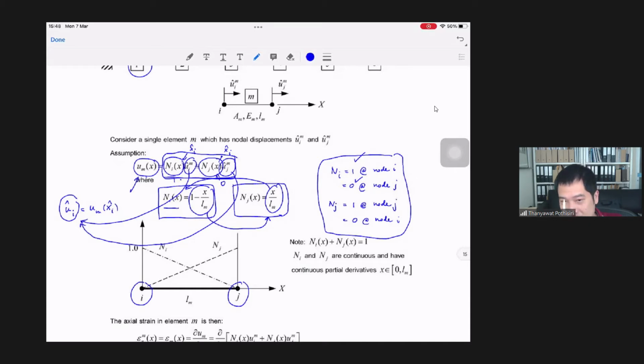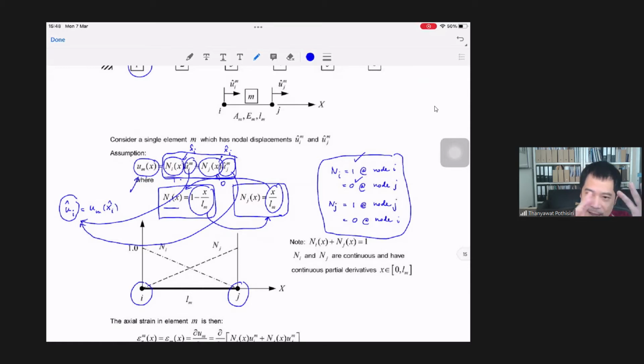Do you understand what I'm saying? So in order for our approximation to hold true, you must maintain these properties for your interpolation functions. Otherwise, it would violate the approximation scheme that you're using.